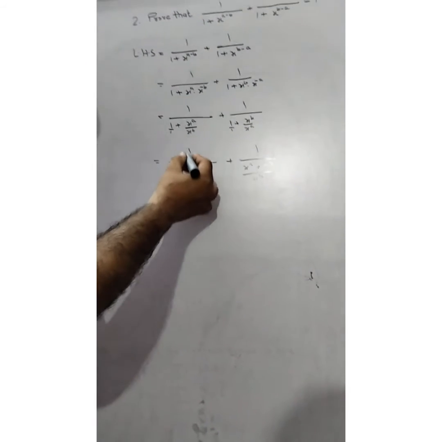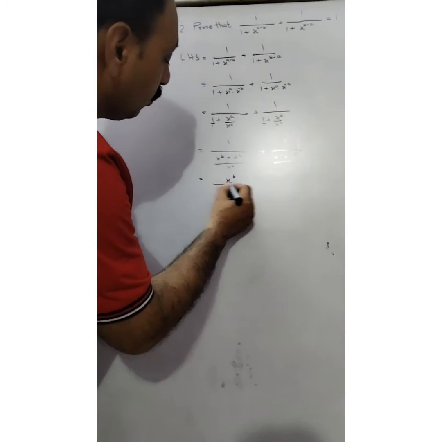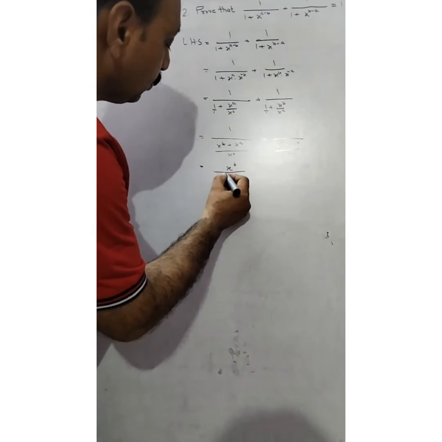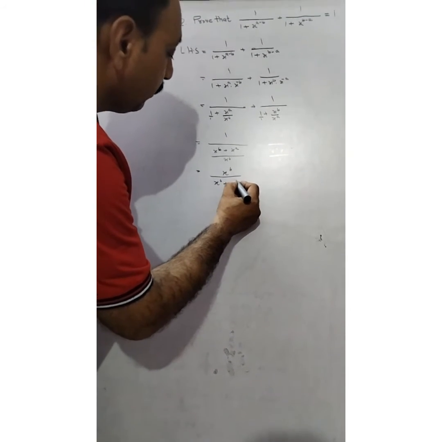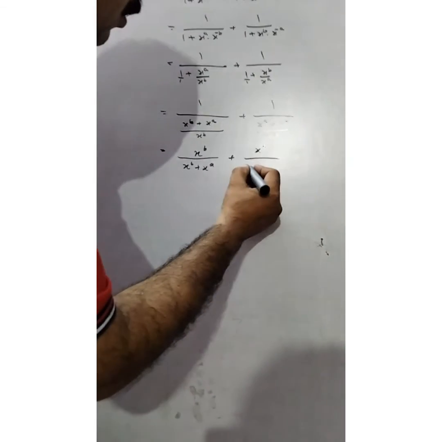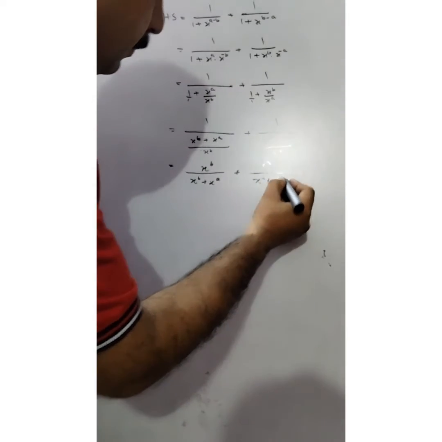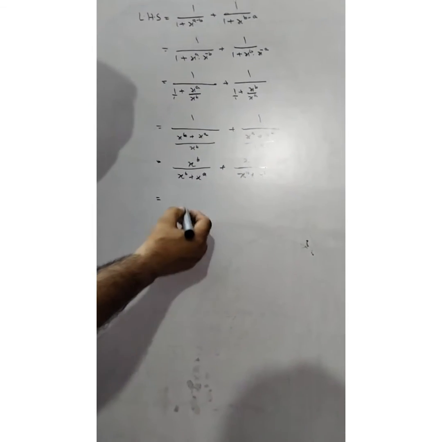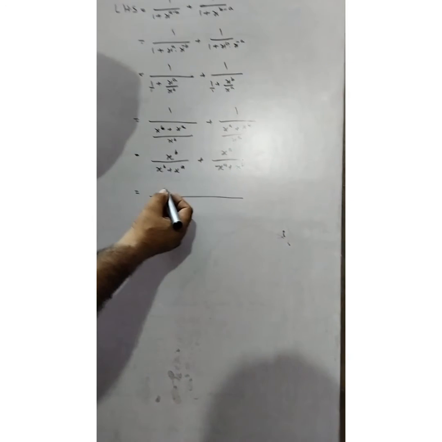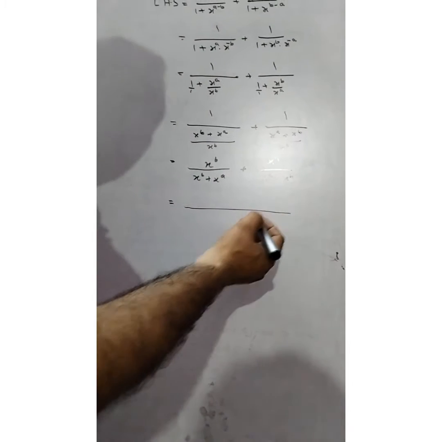Now 1 upon this we can write as x^b over x^b plus x^a, and x^a upon x^a plus x^b. Now taking again the LCM, x^a plus x^b, x^a plus x^b.